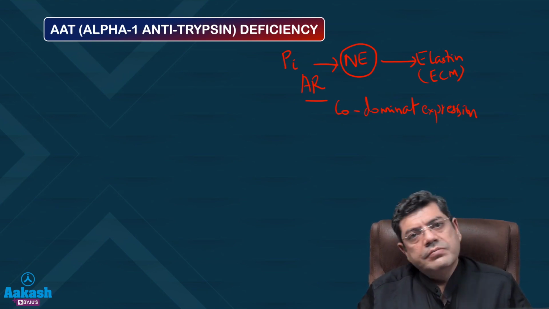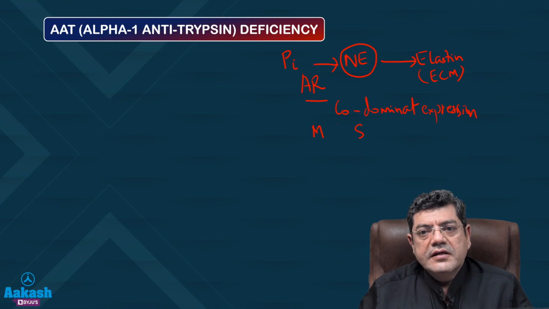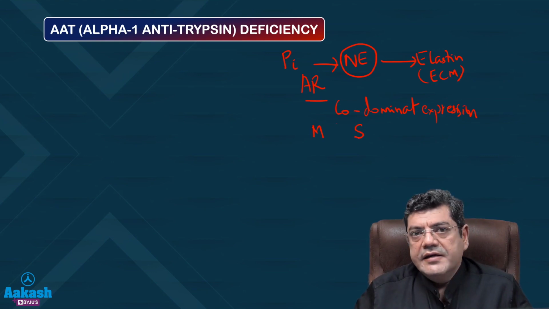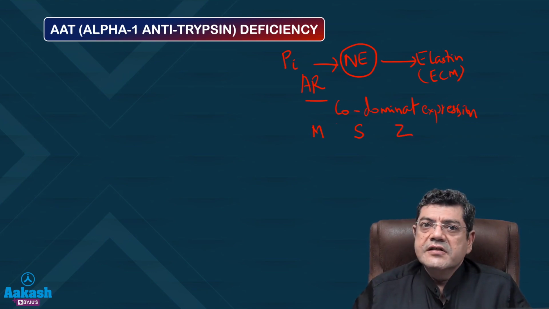Very similar to blood groups, right? There are three alleles. The M allele is the normal allele. The S allele is associated with mild deficiency, and the Z allele is associated with severe deficiency.